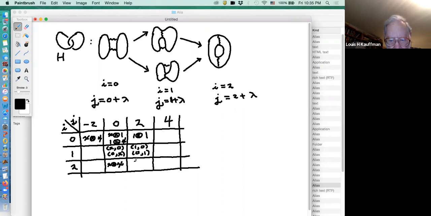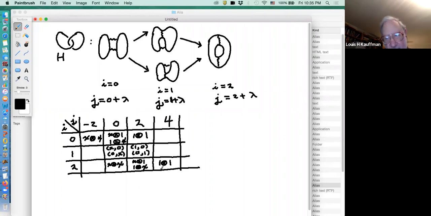So you can be here with x tensor 1, and you can have 1 tensor x. Okay, and then you can boost an x to a 1, and then you'll be up at 2 plus 2 is 4, and that will be 1 tensor 1 here. So you see, that's why I only needed the even ones.